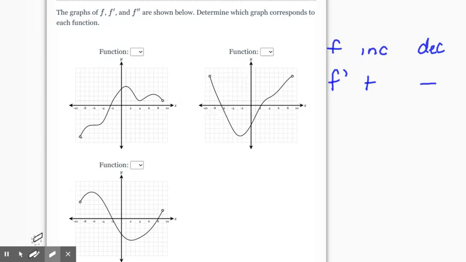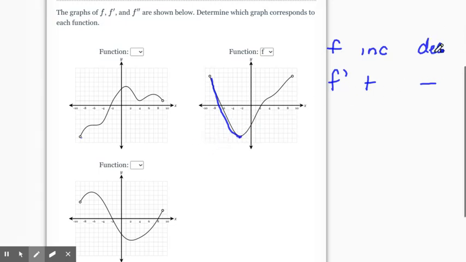Let's try making the second one the original function. Now, if this graph is the function, I notice that it is decreasing until right before x equals -2. So then I'm going to look at the derivative.